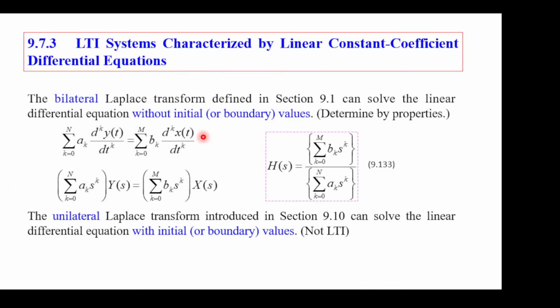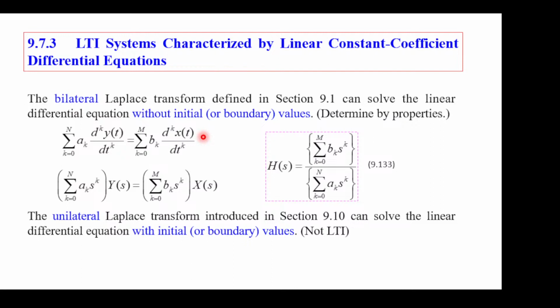Okay, so the next one, we go to the favorite part of every Fourier transform chapter: solving linear constant coefficient differential equations. It's actually very complicated here because we are going to do this twice.